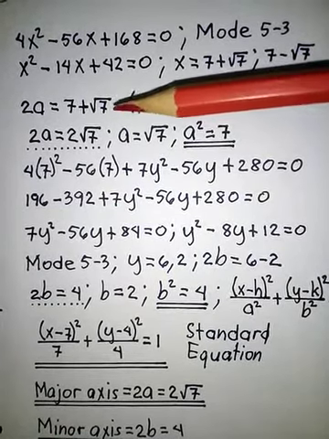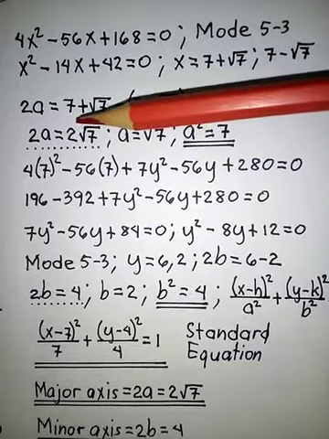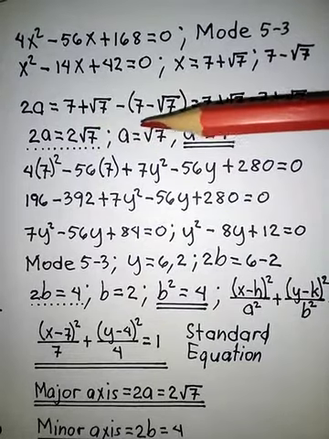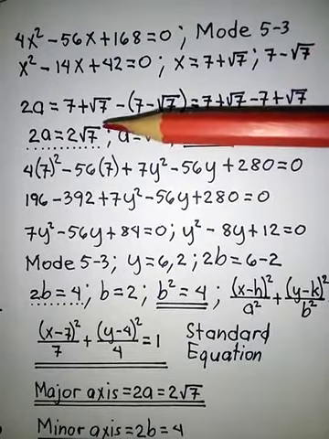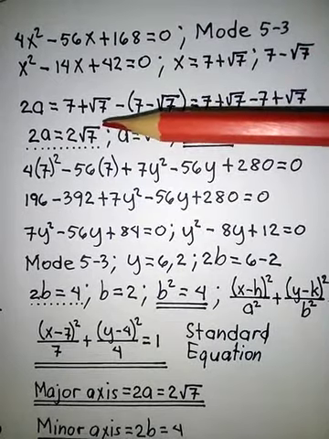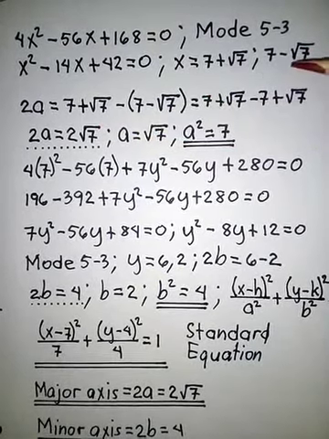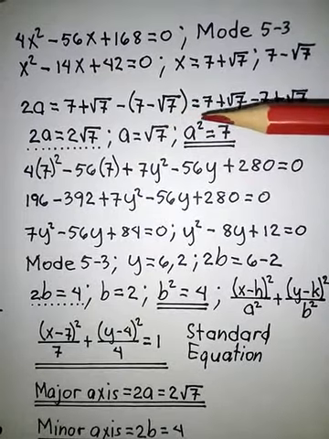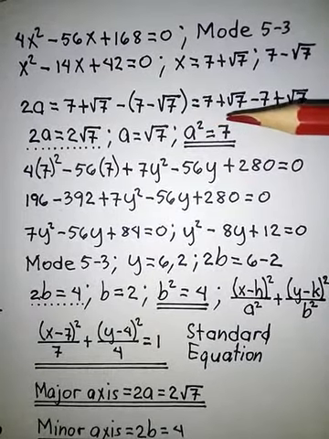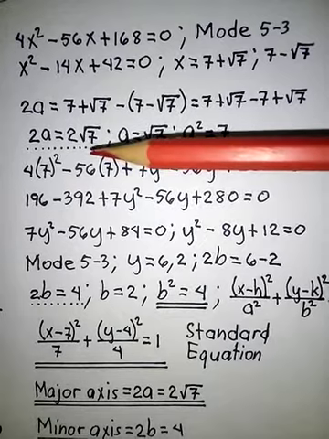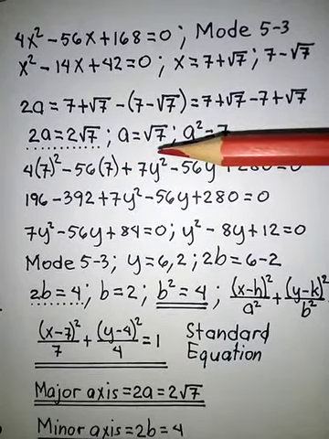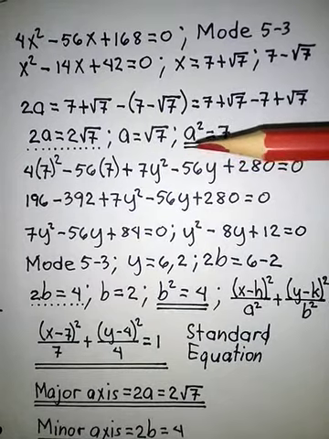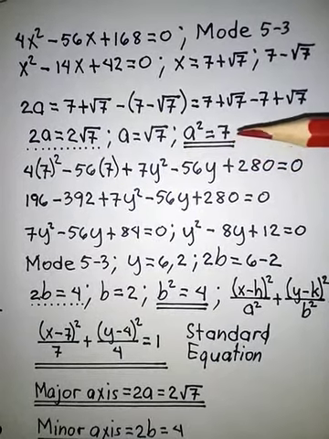For the value of 2a, just get the difference between these two answers: 7 plus square root of 7 minus the quantity 7 minus square root of 7. Simplifying, we get 2a is equal to 2 square root of 7, and a is equal to square root of 7. So a squared is equal to 7.